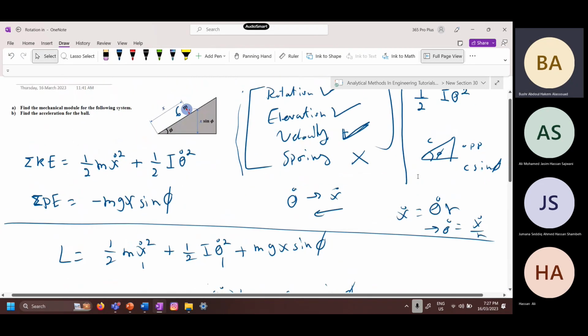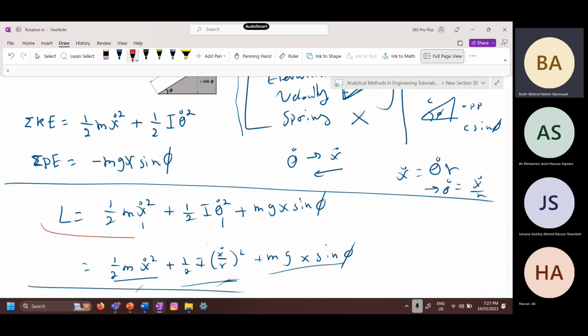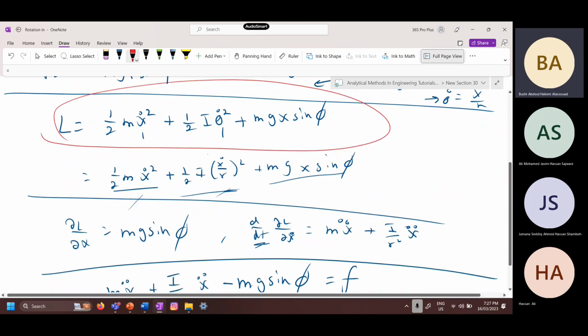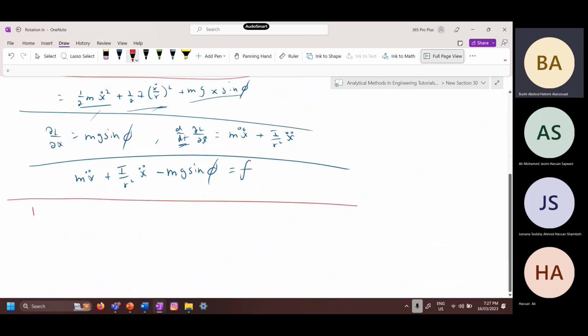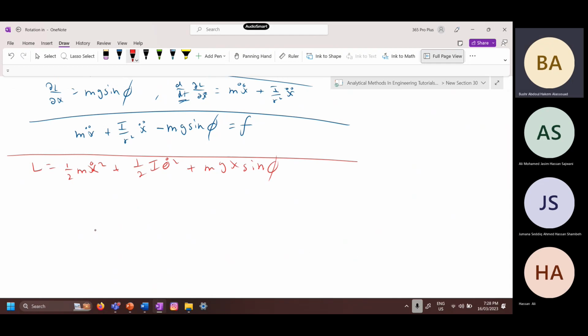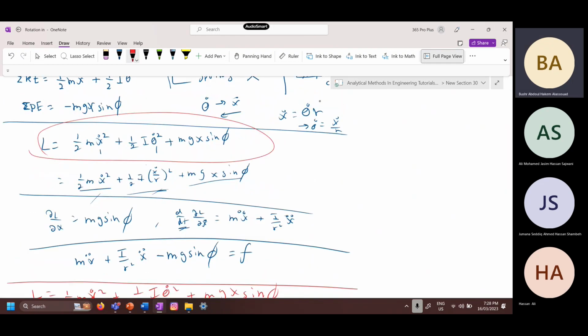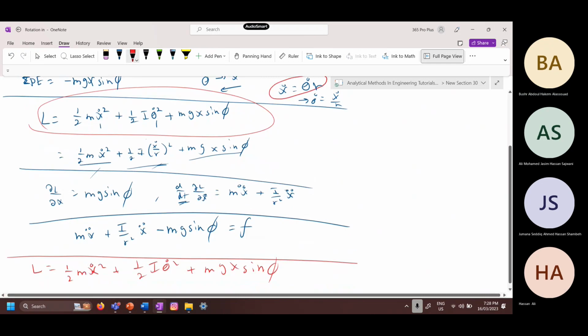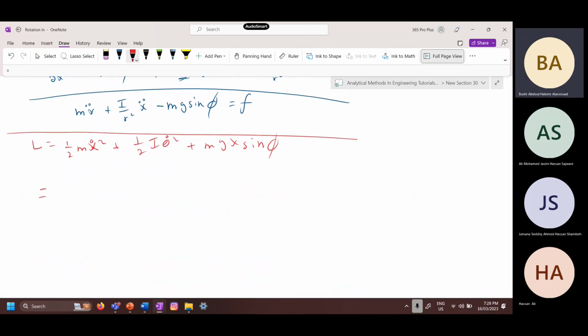Again, back to the same equation, the Lagrangian. We're going to use the same Lagrangian. I just need to copy it. L is equal to half mx dot squared plus half I theta dot squared plus mg x sine phi. Again, we will use the same equations here and just substitute.